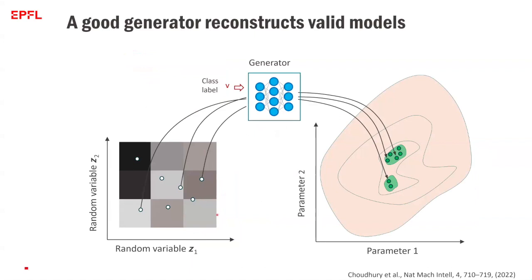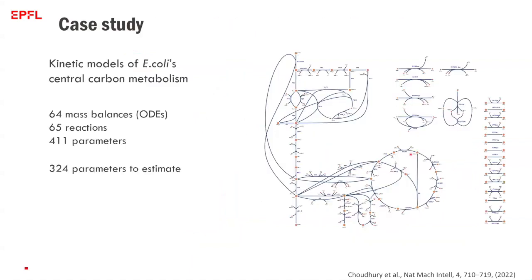And as an illustrative small case, what we did, we used this methodology to create models of E. coli central carbon metabolism. It is a small model. It is 64 ODEs. And we were supposed to identify 324 parameters, or around 300 parameters.